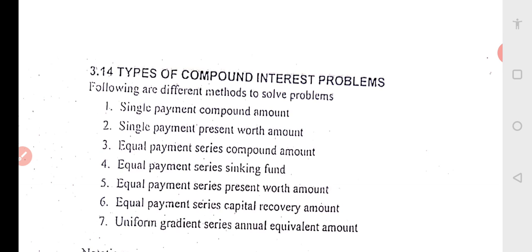These are the 7 compound interest formulas you are going to see in this chapter. In the subsequent classes, for each method I will state the problem, state the formula, and solve the problem.